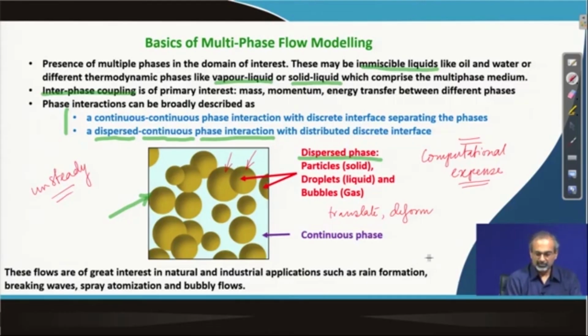Coming to the bottom line of this slide, we find that these flows are of great interest in both natural and industrial applications, starting from rain formation to breaking waves which you find in the ocean coast, spray atomization which could have a large number of applications including say combustion, and bubbly flows through pipes and so on.